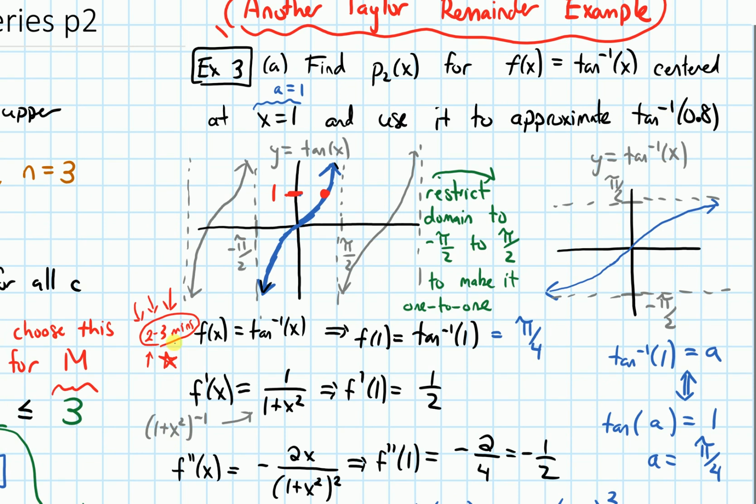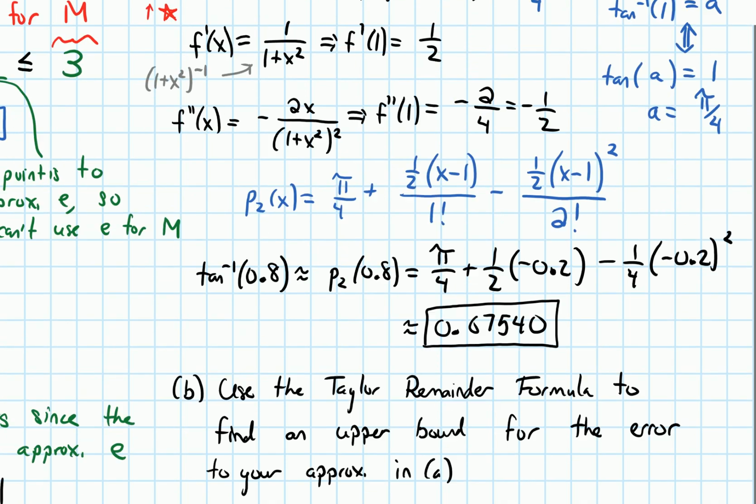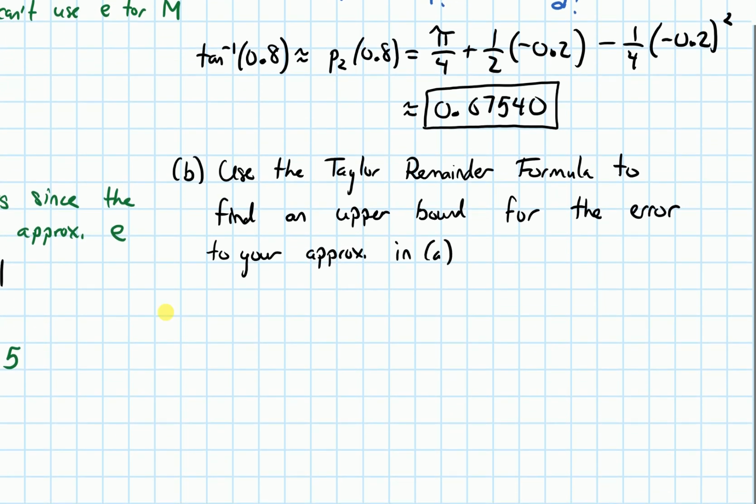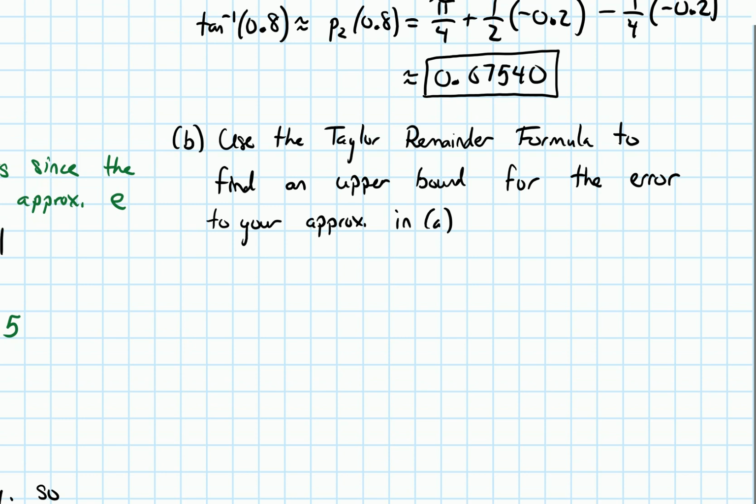Now, part B, let's get an upper bound for the error. Let's use the Taylor remainder formula to find an upper bound for the error in this approximation. So let's remind ourselves what the formula is. The absolute value of the error is less than or equal to the absolute value of M times something minus something, typically x minus a in the parentheses.